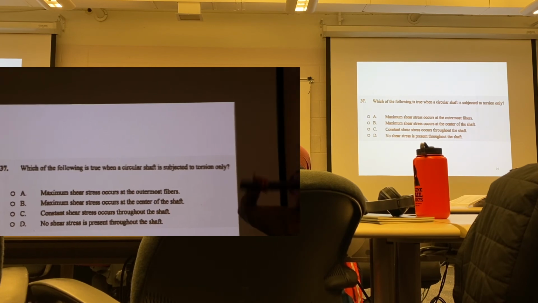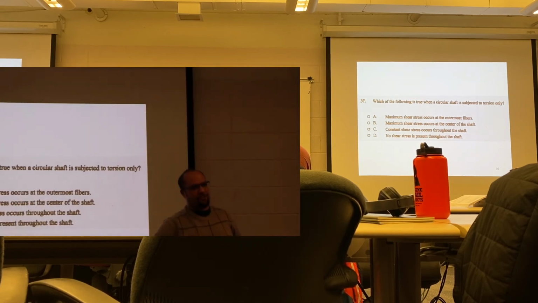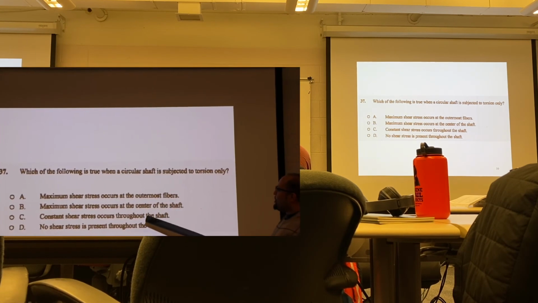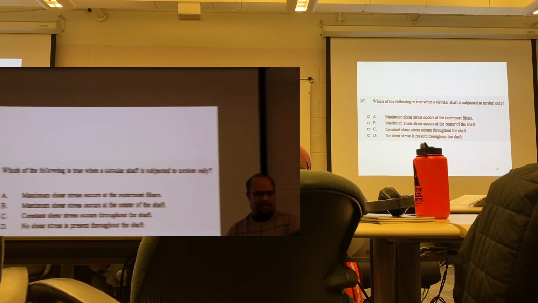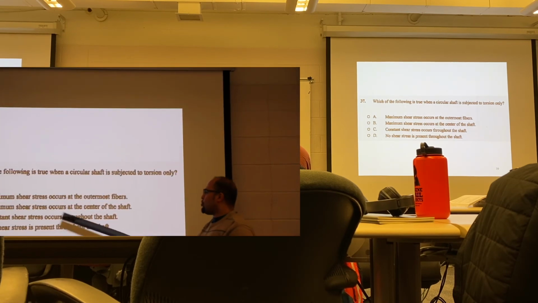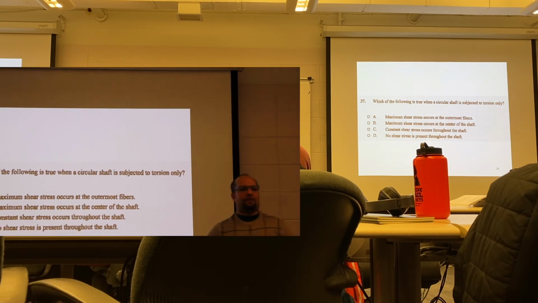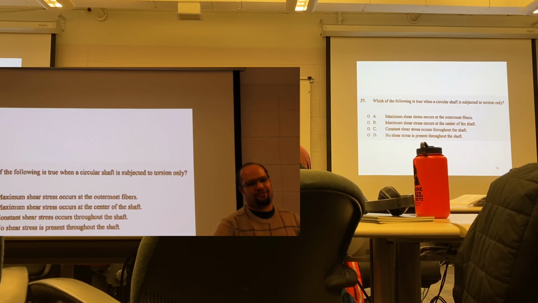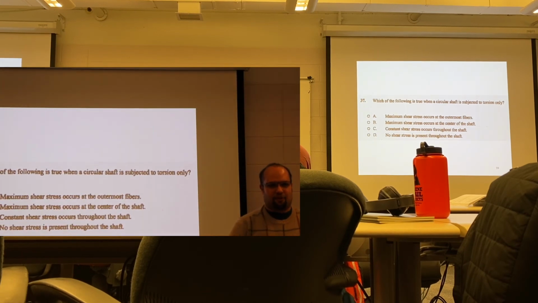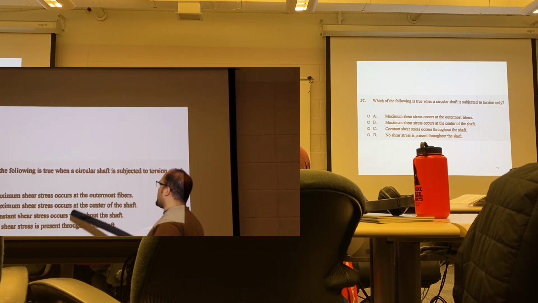Of course not. This torsion is actually producing shear. So this is out. Now, if you remember what I said, the shear distribution is linear. So constant shear is also wrong. By the way, there is nothing called constant shear. Even for bolts and rivets, we assume it to be constant, but it's either linear or parabolic for anything. It's never constant. So it's either A or B.